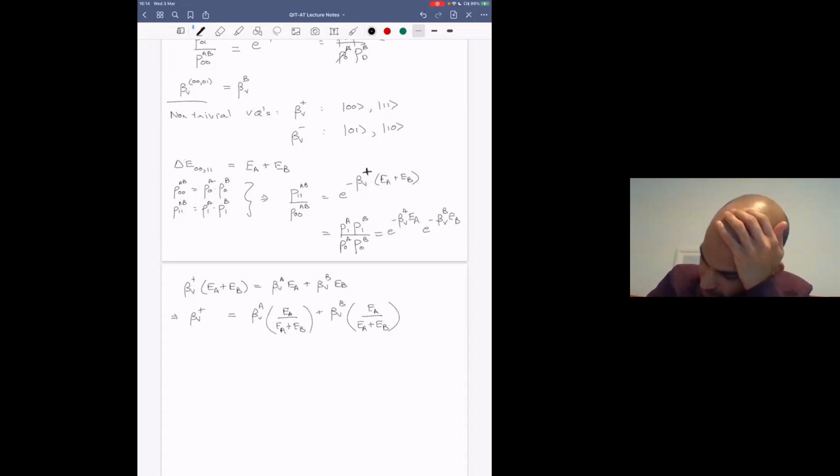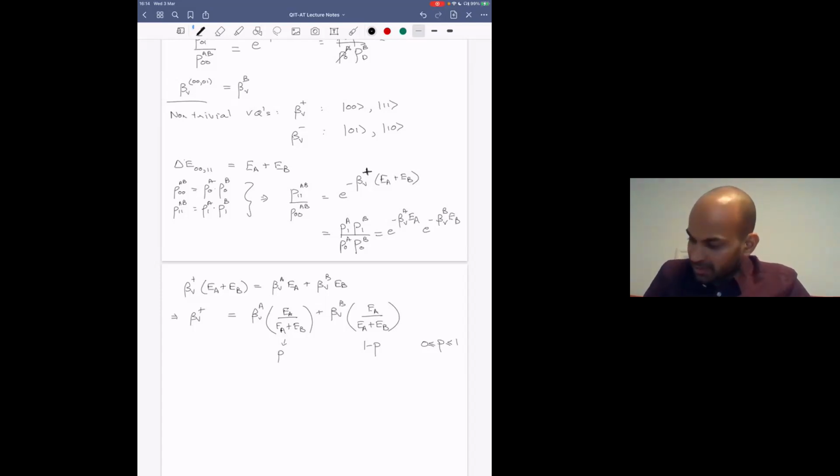The reason I've written it in this form is that these two numbers that are multiplying the virtual temperatures add up to 1. It's just a number between 0 and 1.